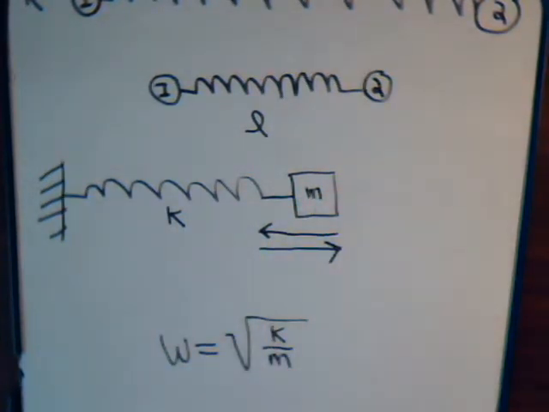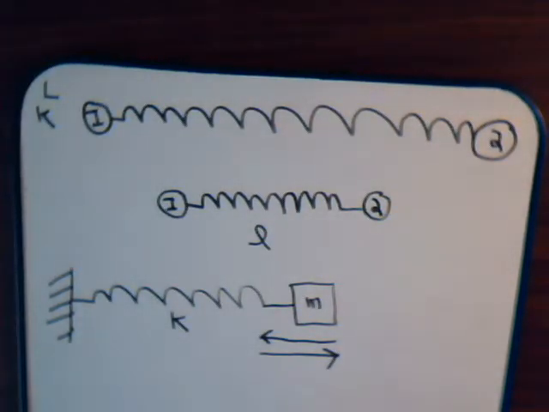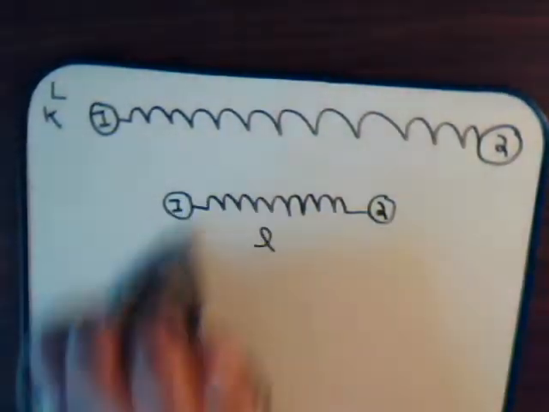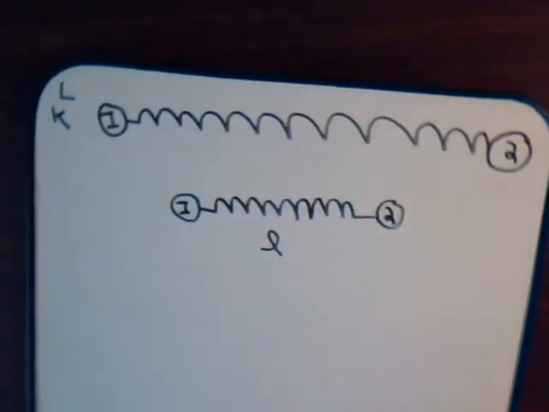But here we have a single spring with two masses attached to it. In the last video, we discussed the motion of this system, and we determined the maximum velocity for mass 1 and mass 2. Now, how do we determine the natural frequency?